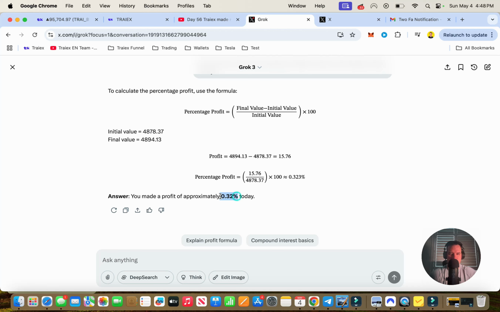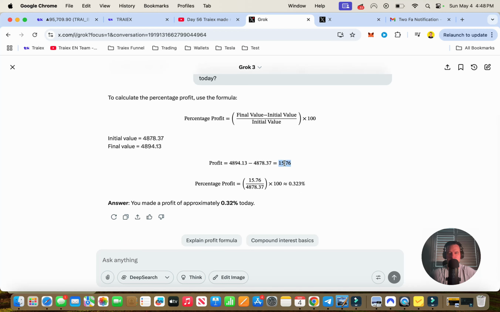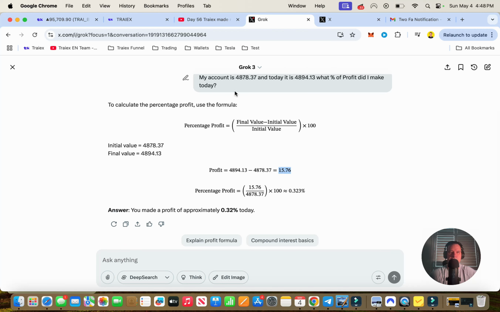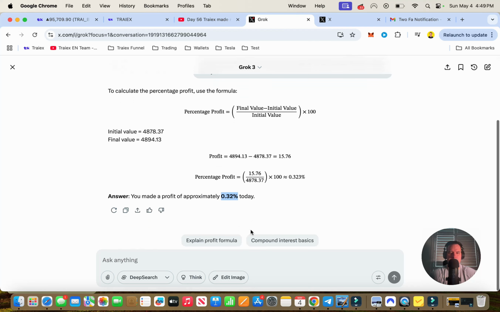But we'll just go with 0.32 because that's what it's telling me here. The difference there is $1.20 or something like that, $1.30, right? Which is a big difference when you're considering 0.0 something, right? Okay, so anyways, we'll use that number there, 0.32, because that's what the math gave us.